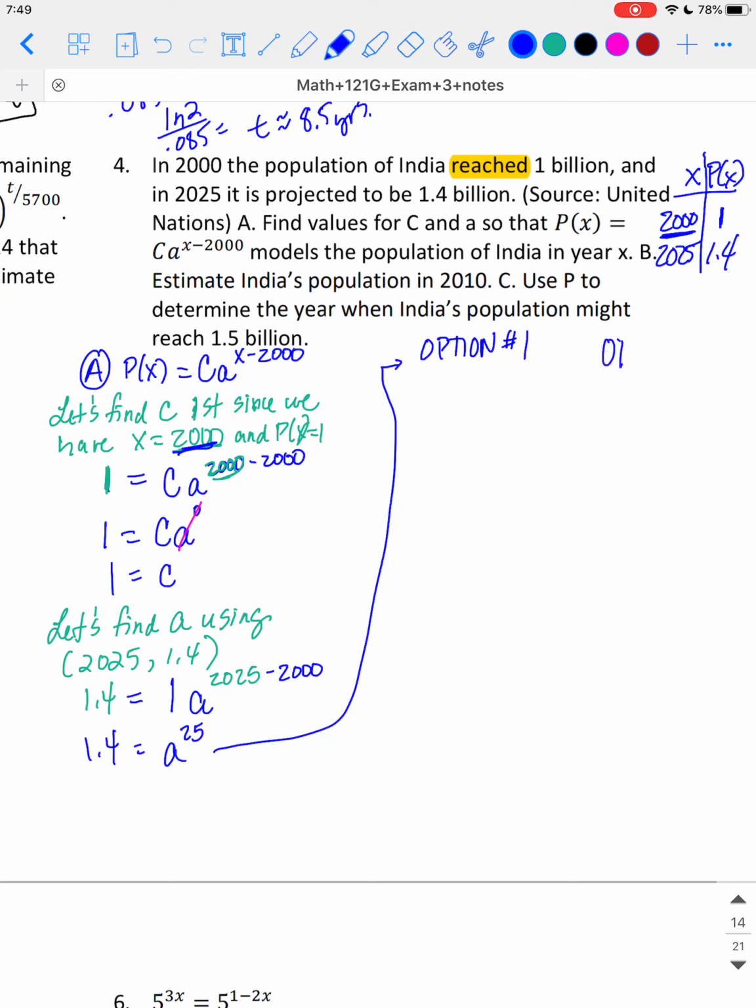So you have option 1 and option number 2. Option number 1: take the 25th root of both sides.